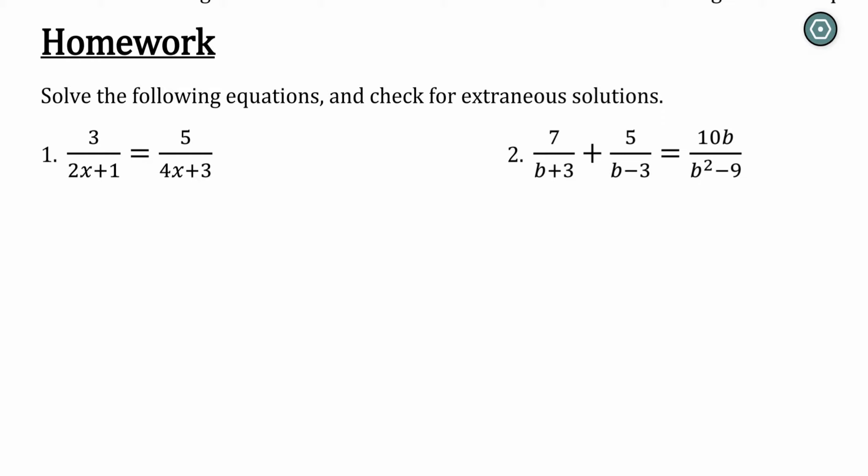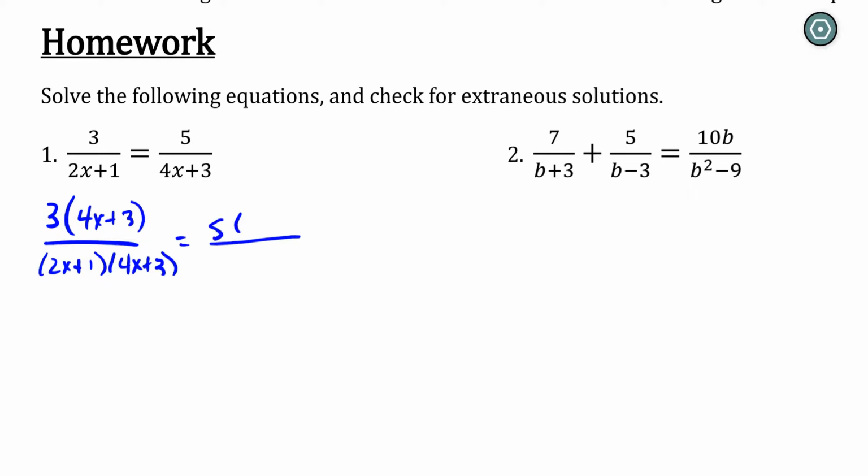So if I go through and rewrite this, it would become 3 times 4x plus 3 divided by 2x plus 1, 4x plus 3 is equal to 5 times 2x plus 1 divided by 2x plus 1 times 4x plus 3.